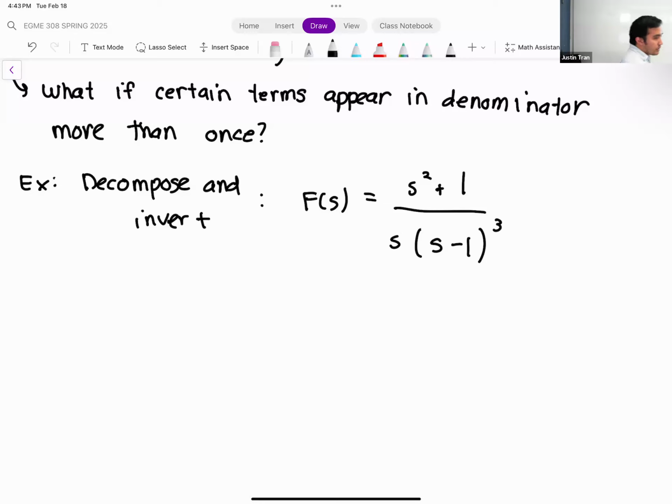This one's a little bit of a step up compared to the previous one. In particular, we have the factor s minus 1, which appears in the denominator 3 times because we have the factor cubed.